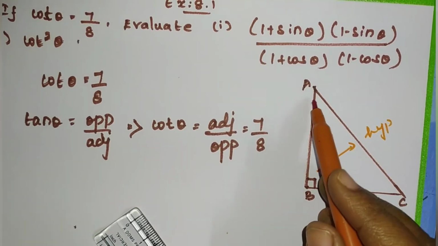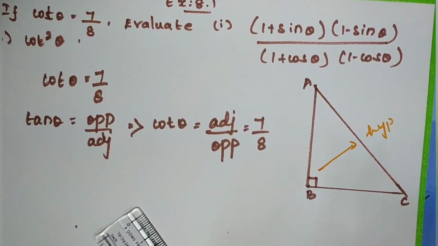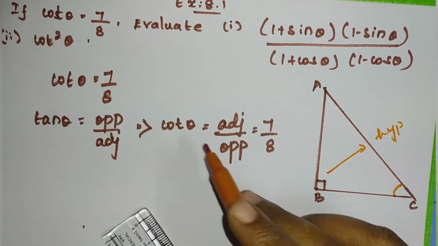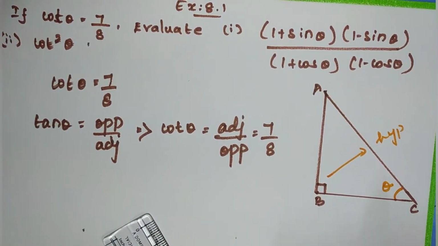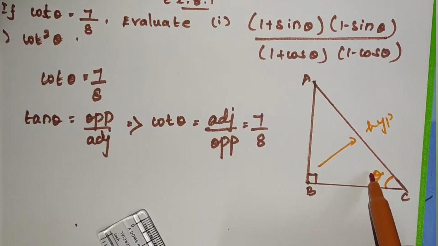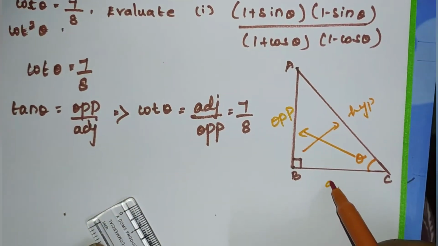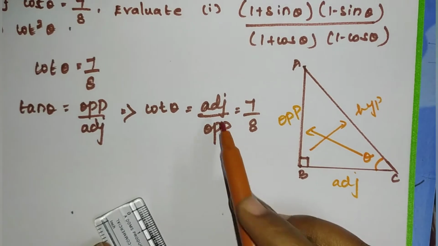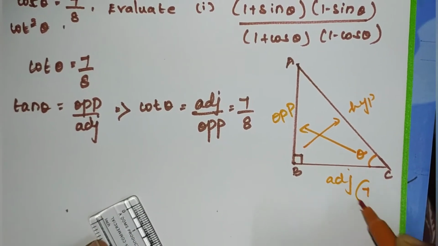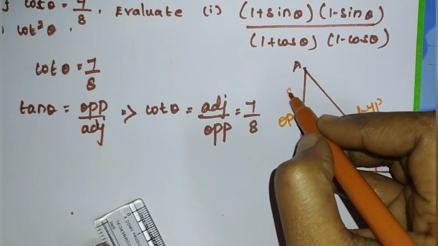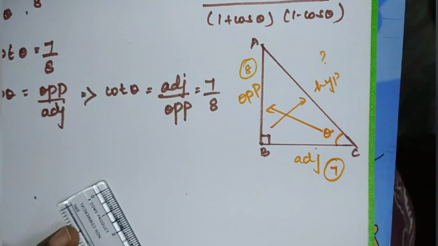That is given with the ABC, theta only they have given. So I am going to consider theta here. First consider theta, then only you can write which is opposite. This is opposite and this one is adjacent. So adjacent is 7 and the opposite is 8. You have to find the hypotenuse.